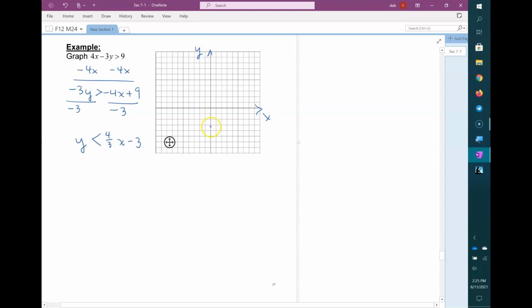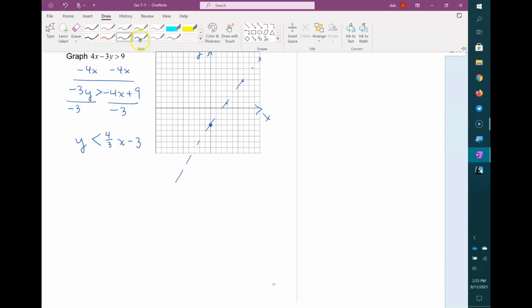And I start with my y-intercept of negative 3. And then I go up 4 over 3, up 4 over 3, and draw my line. And then what I actually do is I look and say, oh, it was a strict inequality. So I erase pieces of the line so it looks dashed.